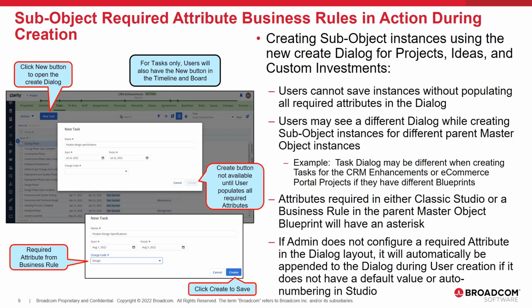So in that case, depending on which task you're creating instances for, the create dialog may be different. In my blueprint, if the charge code, which is based on an always true business rule that I defined in my blueprint, was not included in my layout for the create screen, it would have been automatically appended anyway into this new sub-objects modal.